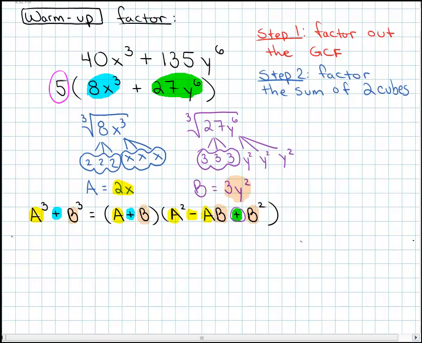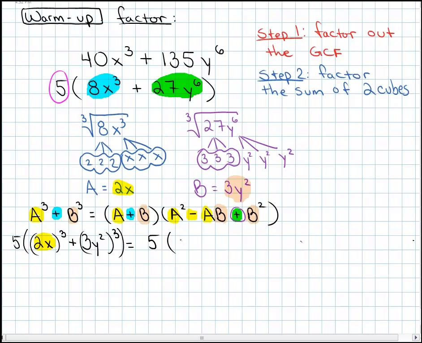So our problem was 5 times 8x cubed, but I'm going to rewrite it as 2x all raised to the third power plus 27y to the 6th, which I'll rewrite as 3y squared all raised to the third power. Now I'm going to rewrite the problem so that I don't forget the 5. I'll write the 5 first, that was the GCF I originally factored out.